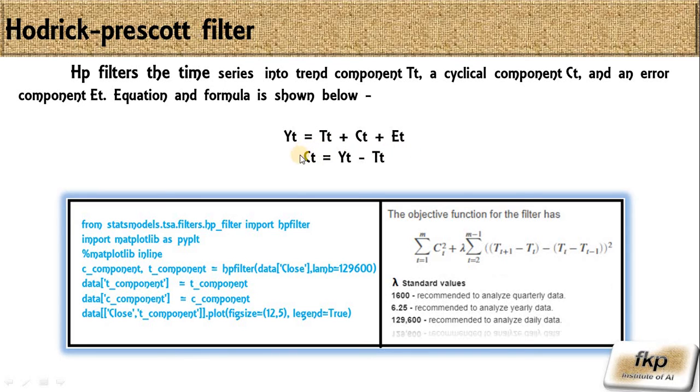So here CT is the cyclic component; when we remove the trend component from the given time series, we get approximately the cyclic component out.